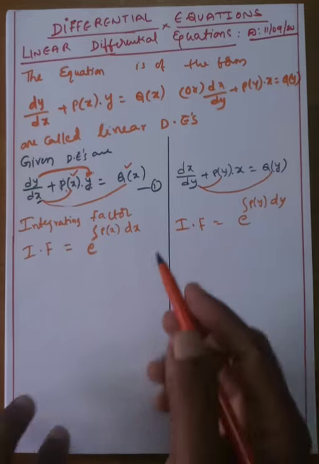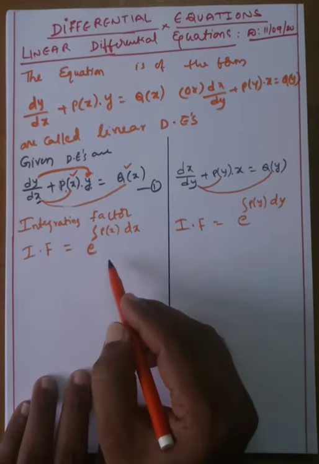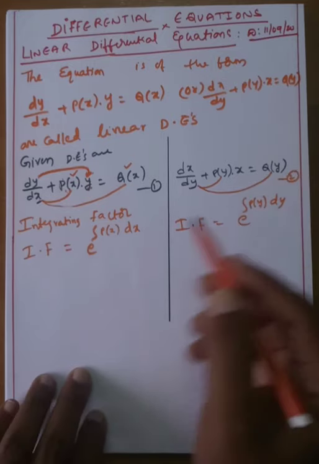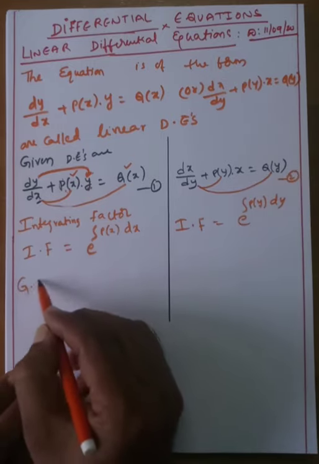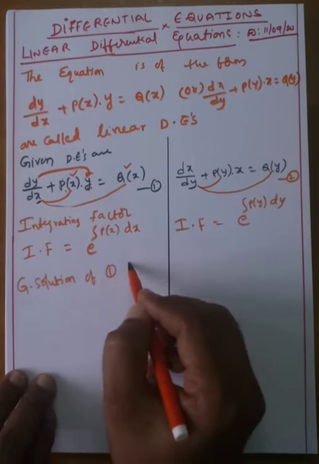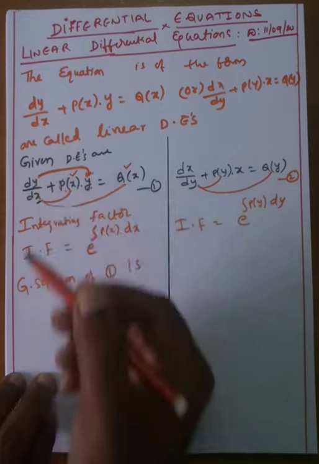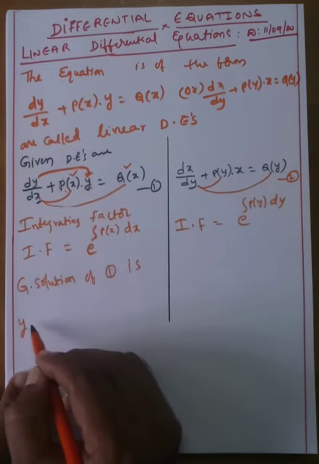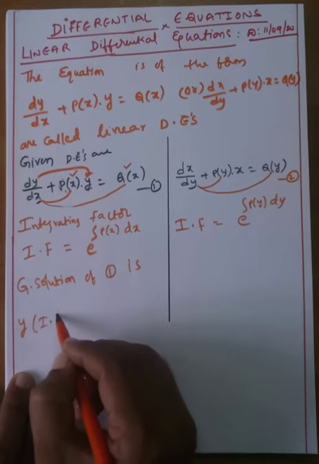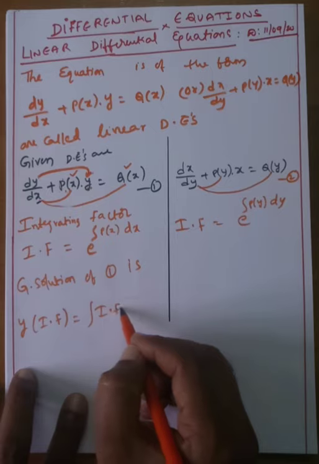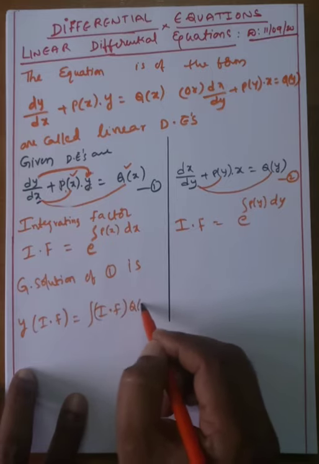Yes, my dear students, after the integrating factor we will find the general solution. Now this is equation number one. Now write the general solution. The general solution of one is, how to write, my dear students? The dependent variable y into integrating factor is directly equal to integral of integrating factor into q of x dx, plus c.